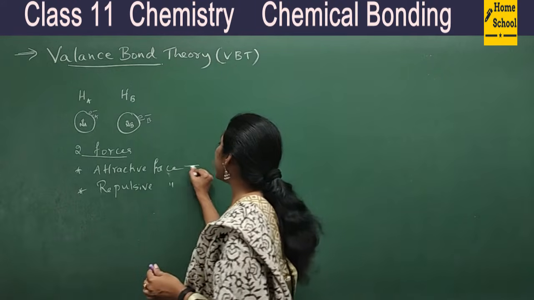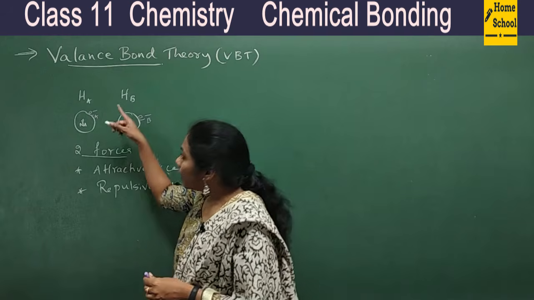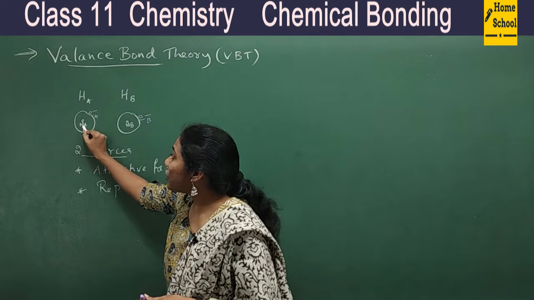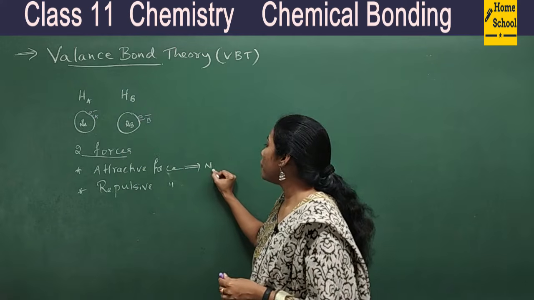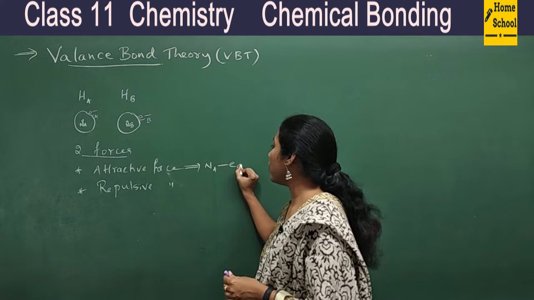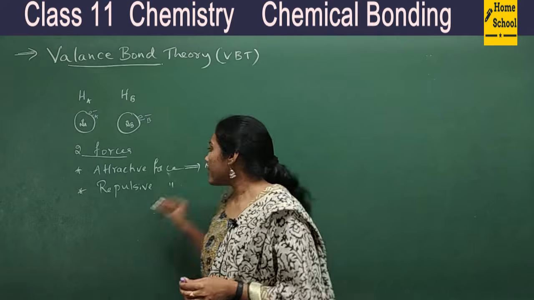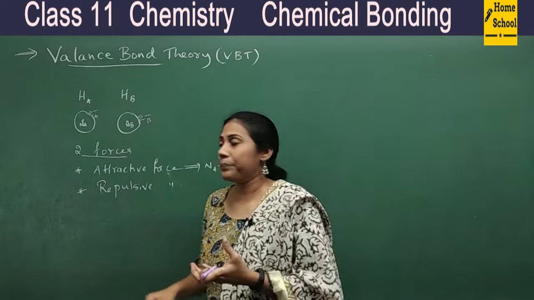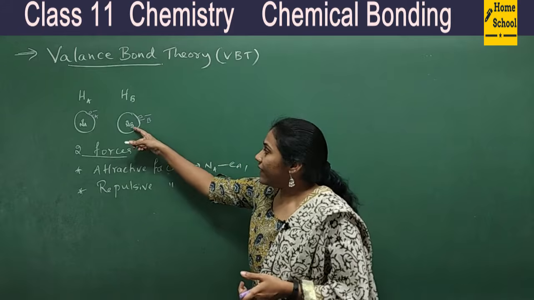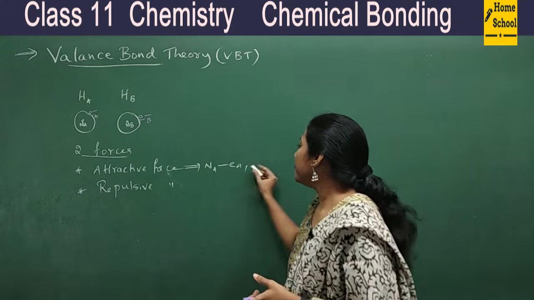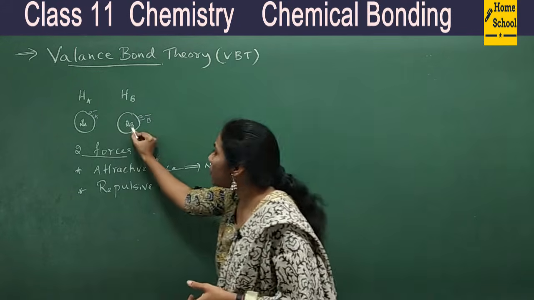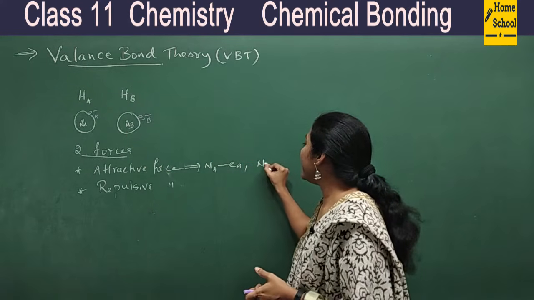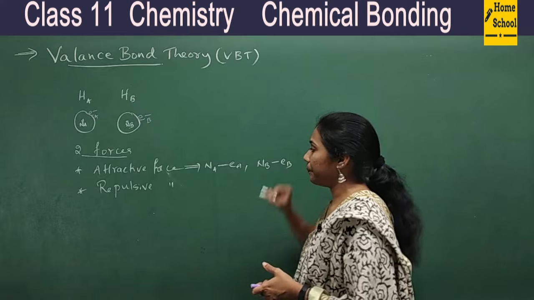So what may be these attractive forces? If you take this atom, there is naturally an attraction between the nucleus of atom A and the electron of atom A, right? So this is the natural attractive force that is there within an atom. And similarly, even in hydrogen atom B, you have an attraction between the nucleus of B and the electron of B.